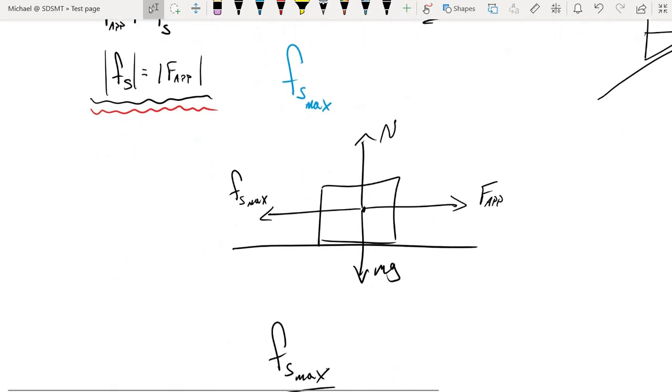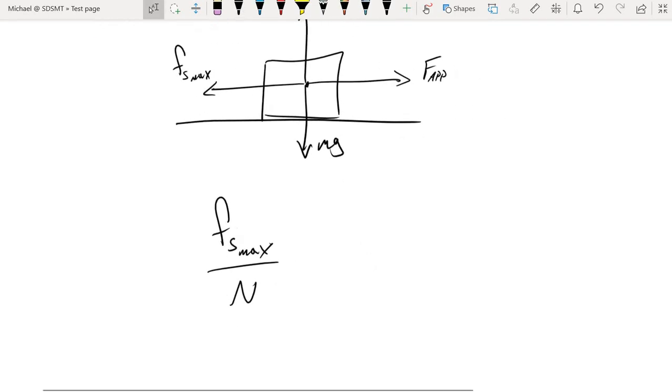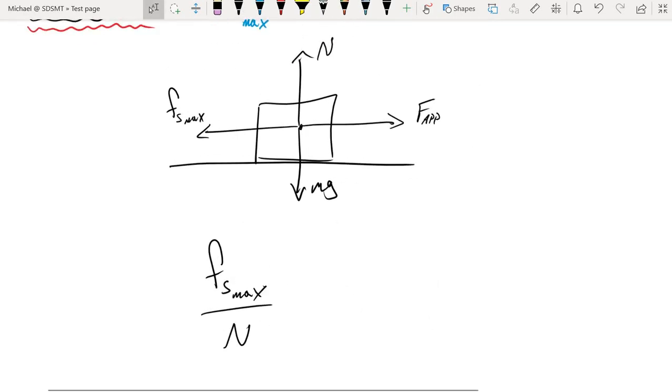Well, so that idea of having a maximum static friction force compared to the normal force, the amount of normal force that we have. Well, why are we using the normal force? Why don't we use the weight?